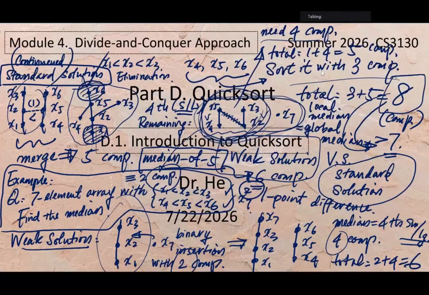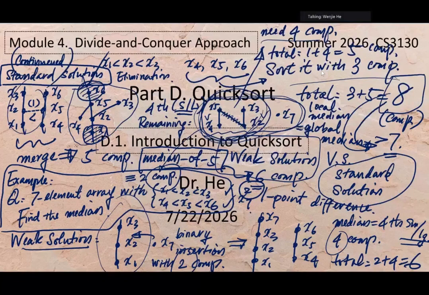So this tells you the standard solution. Definitely, you need to do some non-trivial extra work. Then you can improve your solution from 6 comparisons to 2 comparisons. Think about that difference. With this example, I want to show you the real difference between these 2 versions of solutions.